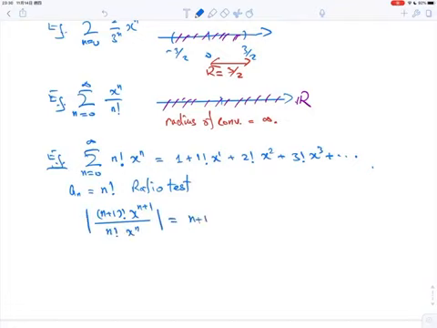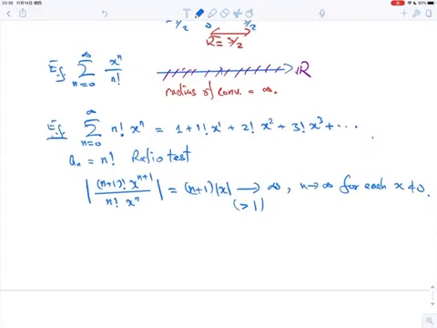So this would be equal to n plus 1 times mod x, and this is going to tend to infinity as n goes to infinity for each x, no matter what x is, except for 0. The ratio is going to tend to infinity, and hence therefore bigger than 1. So it must diverge. So it diverges everywhere except for x equal to 0.